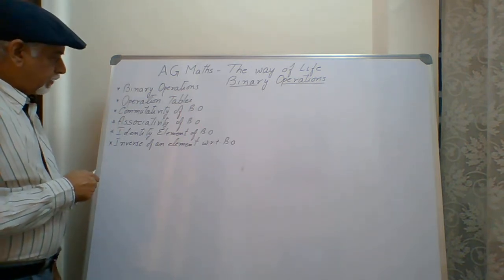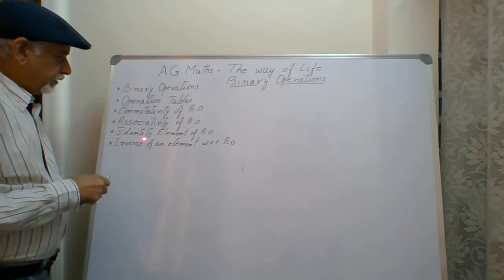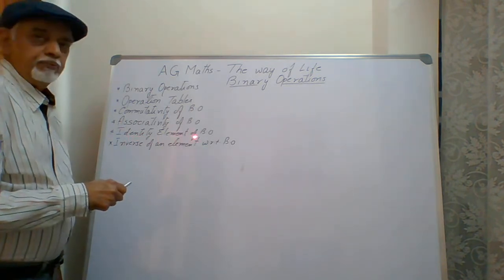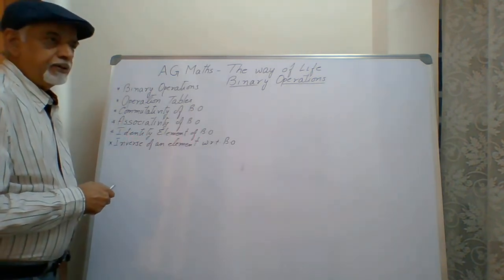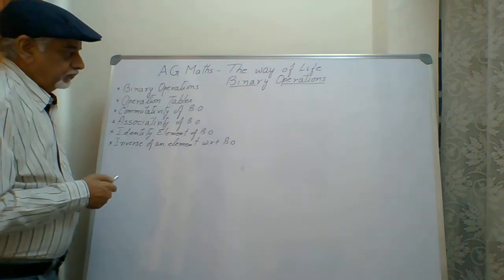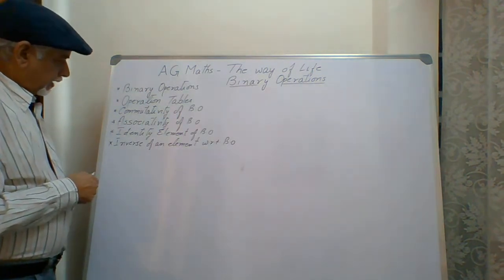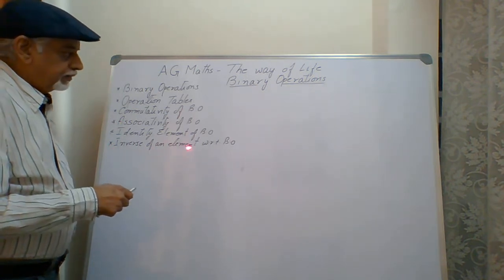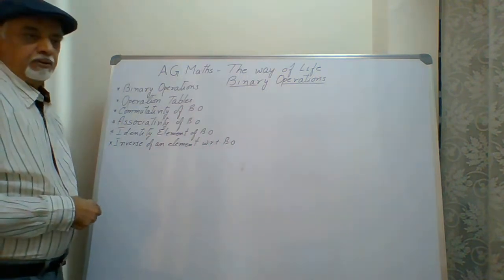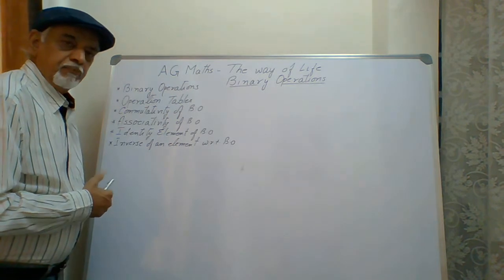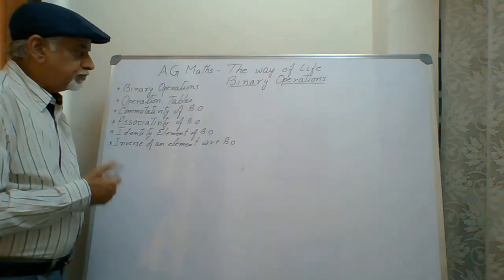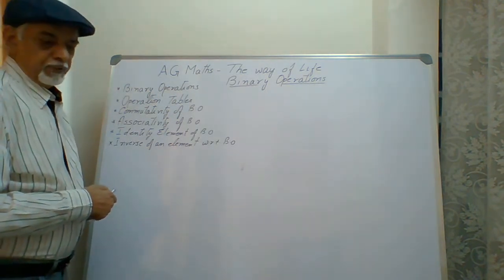Then we'll switch over to the identity element of binary operation, and the inverse of an element with respect to binary operation. Inverse we have seen in a function, and now we will see what it means with respect to binary operation.